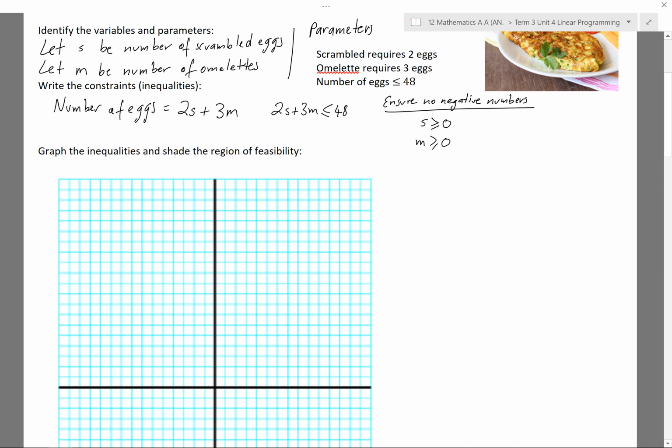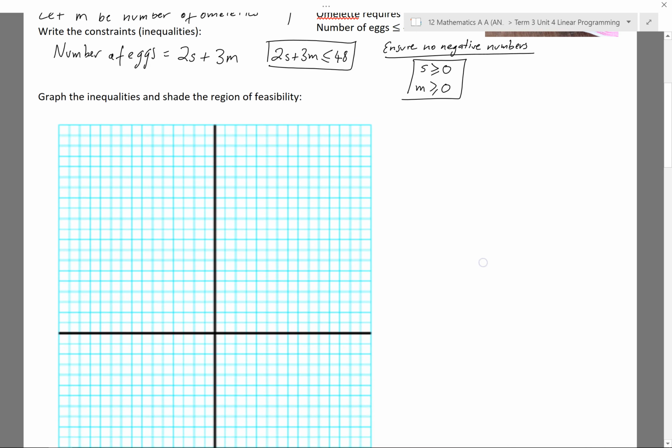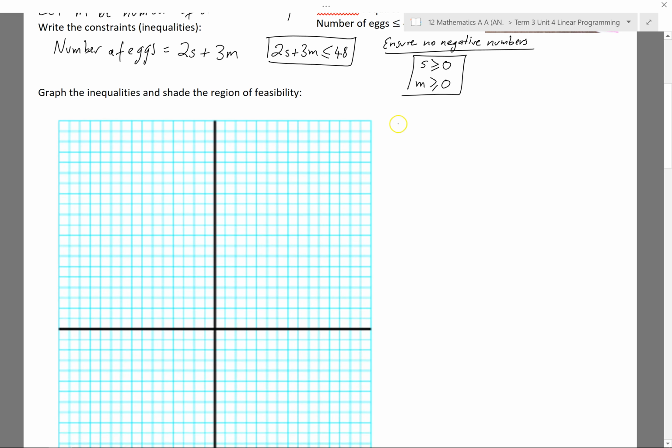So I'm going to need to graph these 3 constraints, 1, 2, 3, on the same set of axes. The hard work is going to be graphing 2S plus 3M is less than or equal to 48, but we'll just use intercepts method for that.